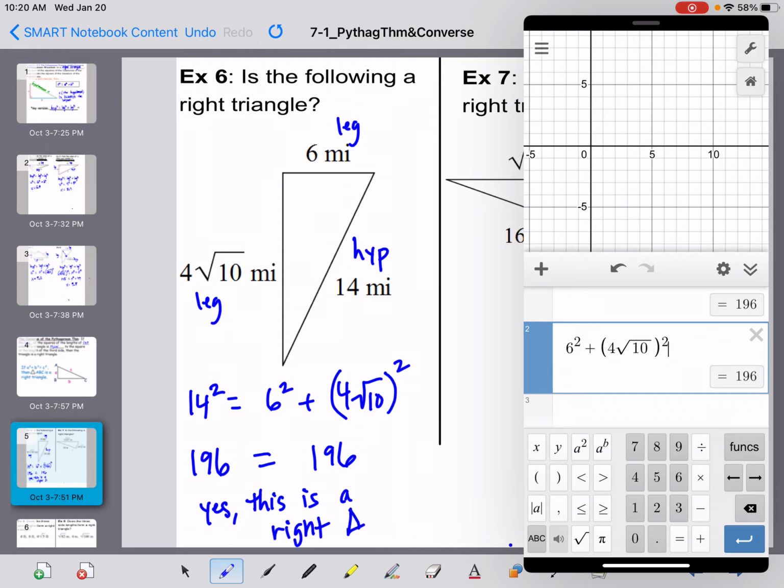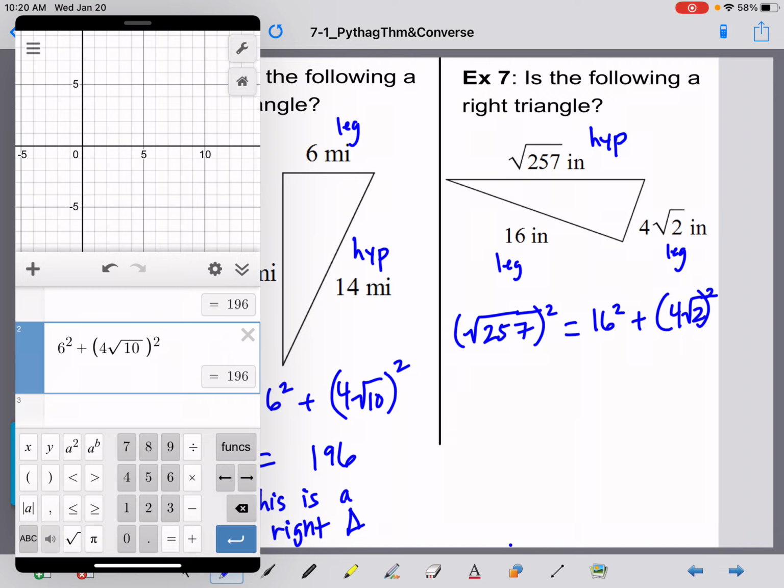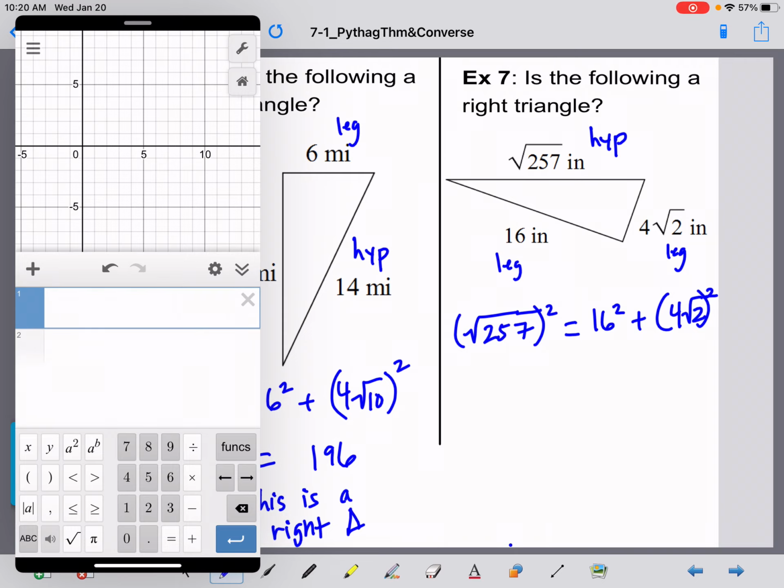All right, my next example, same thing here. If I'm looking at this sketch, I would assume this is the hypotenuse, and this is the leg, and this is the leg. So again, I've got a radical, so I've got to use parentheses. I've got a radical over here, so I've got to use parentheses over there. All right, let's clear this out. I want to know what this one side is when I square it.